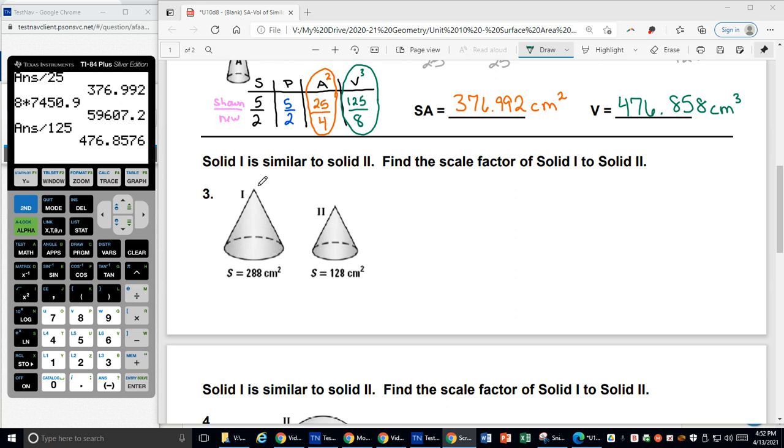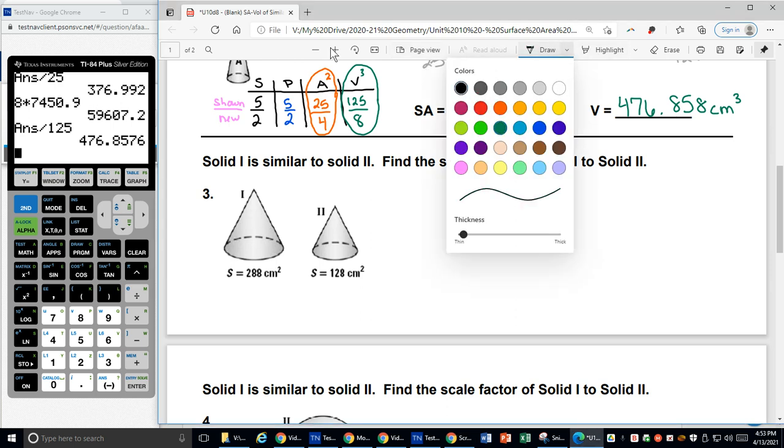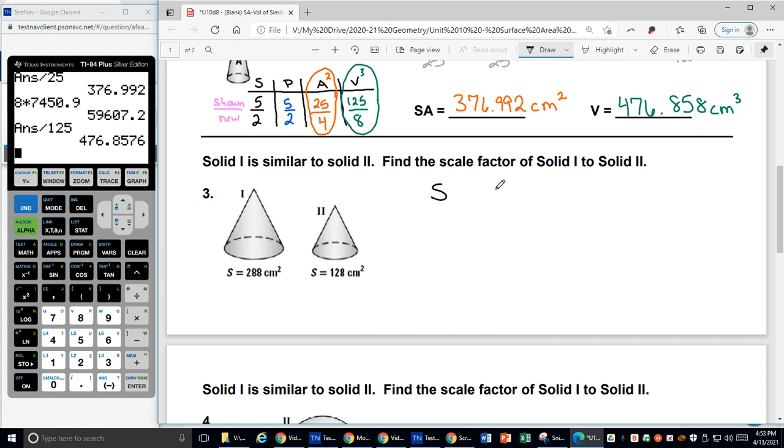Okay, so figure 1 or solid 1 is similar to solid 2. Find the scale factor of solid 1 to solid 2. So when I look at my SPA table, if I want to make a SPA table for these similar figures, I'm going to look and see what do I have two of.